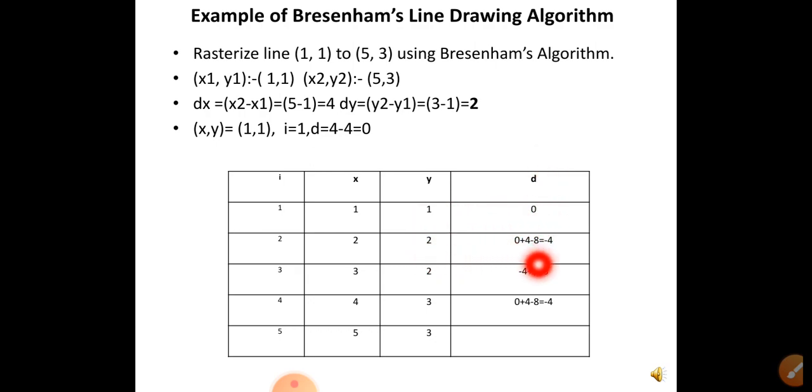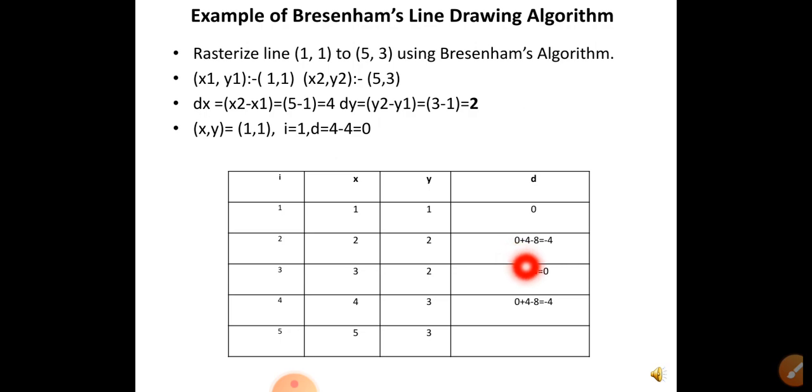Next, if the decision parameter is greater than 0, then the new decision parameter will be d equal to d plus 2 dy minus 2 dx.